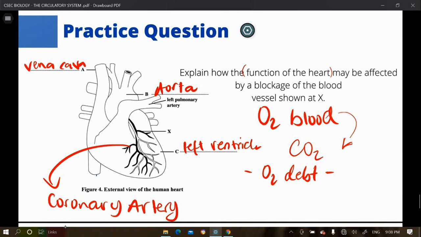If the heart muscle or heart tissues start dying, your heart will eventually stop. And if your heart stops, that sounds like a problem. So basically, that's what will happen.